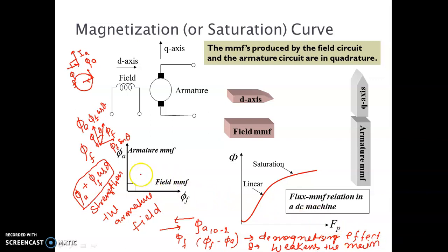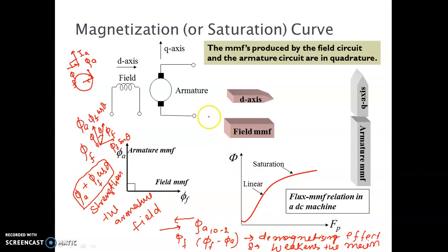So basically there will be three types of effect. When they are at right angle, it will be a distortion effect. Here it will be strengthening, so the flux will increase and strengthen this field. And the demagnetizing effect means weakening.